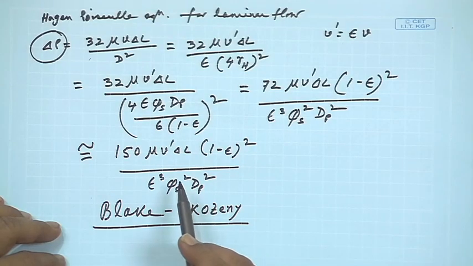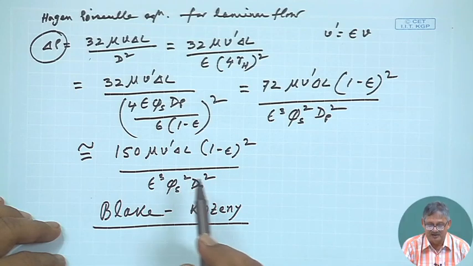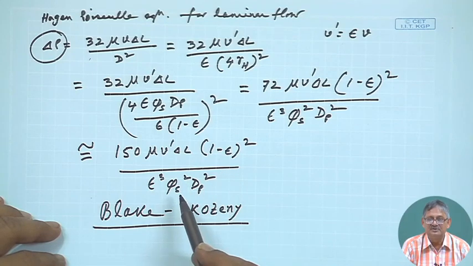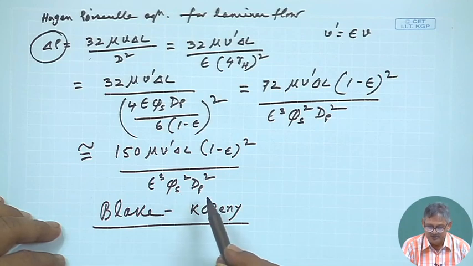So by rearranging, we have now got one relation where delta P, instead of 72, is 150, then mu v prime delta L into 1 minus epsilon square by epsilon cube into phi s square into dp square.